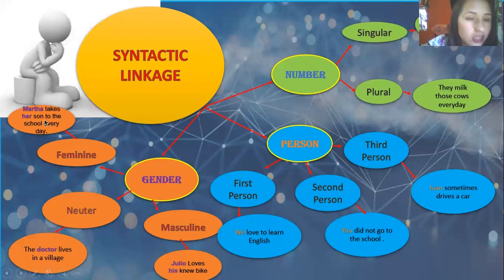Now, let's look also at this example. Martha takes her son to the school every day. In the case of Martha, the possessive pronoun her is correct, since it represents the feminine.